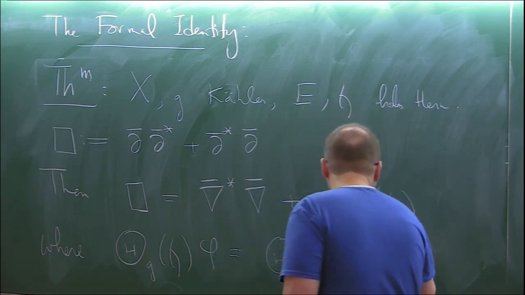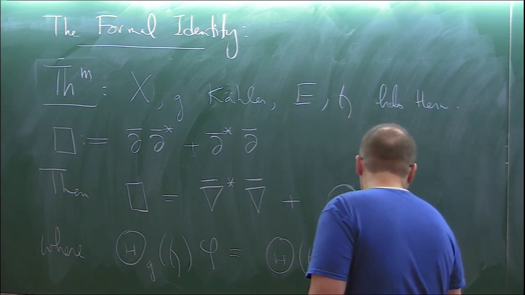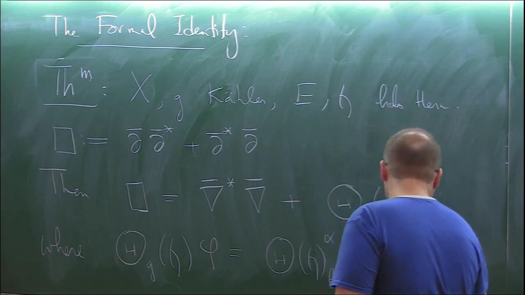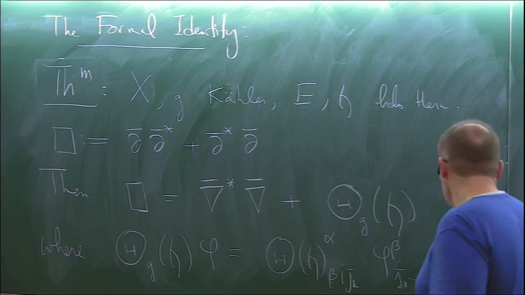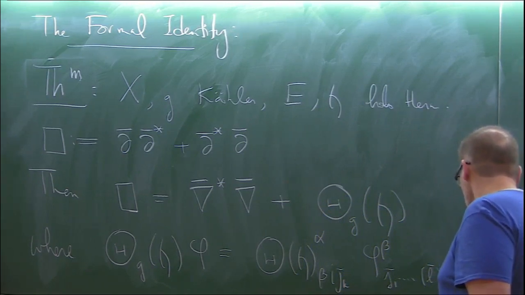And then I'm going to put here phi beta J1 bar, and then in the kth slot, I'm going to put an index L bar, up to JQ bar.